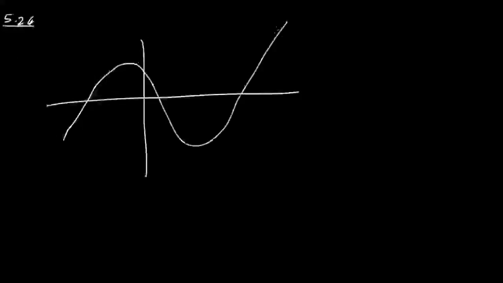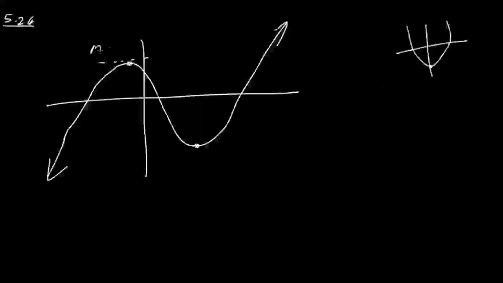is that if you've got a cubic function that looks something like that, at this turning point, and at that turning point, and this applies for the parabola too, by the way, at the turning point, the gradient is 0. M equals 0 at that point, and at this point, M equals 0.